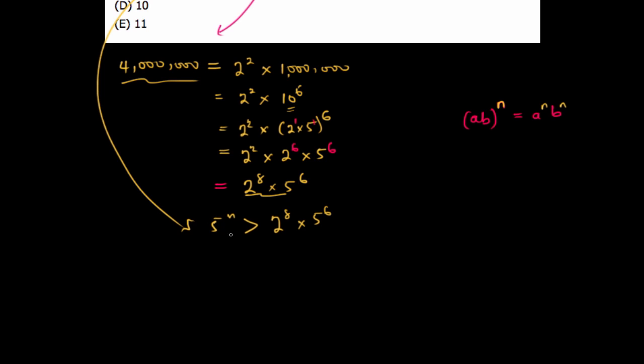So I divide by 5 to the power 6, this goes off, and using the law that x to the power a divided by x to the power b is x to the power a minus b, this is 5 to the power n minus 6, which is greater than 2 to the power 8, and you recall 2 to the power 8 is 256.